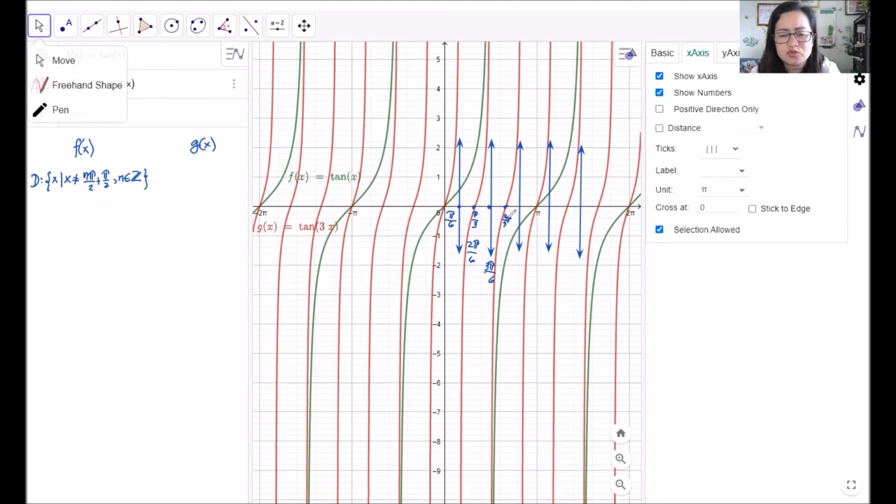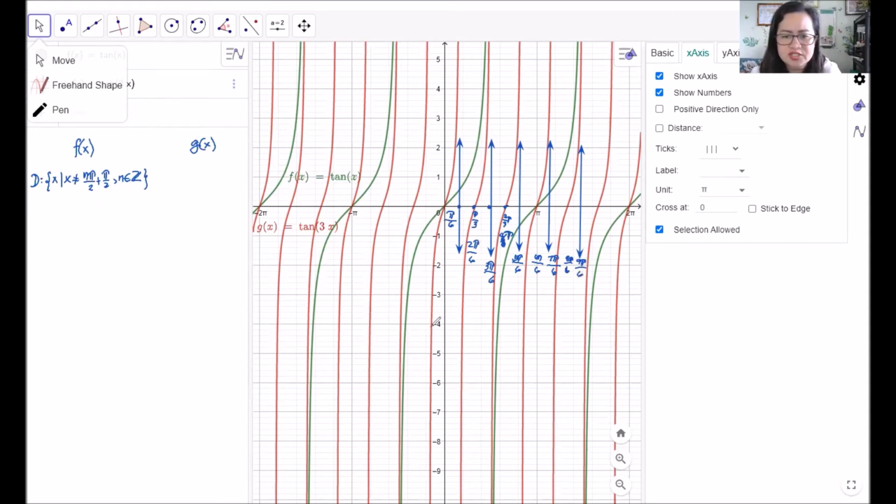Then 2/3 pi can be written as 4 pi over 6. Then we will have 5 pi over 6, then pi is 6 pi over 6, then 7 pi over 6, then 8 pi over 6, then 9 pi over 6.